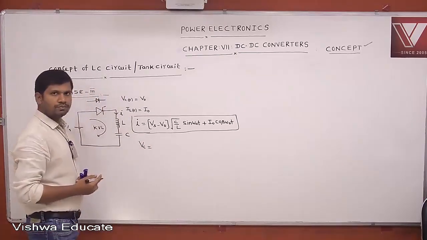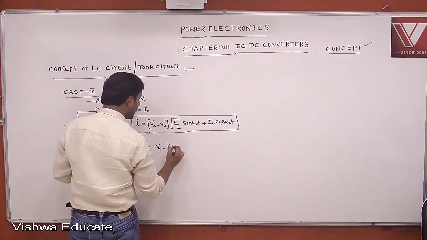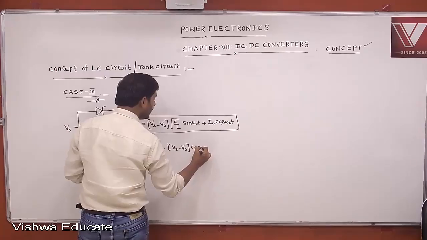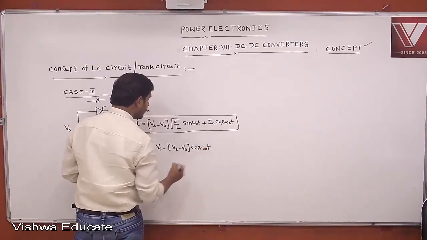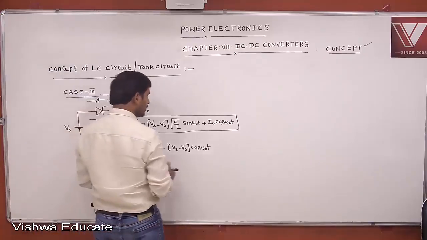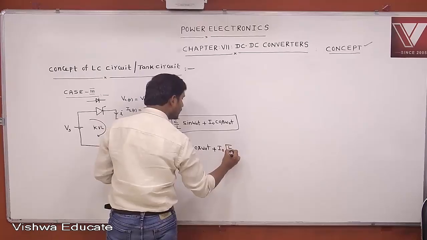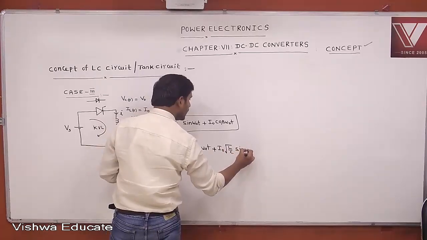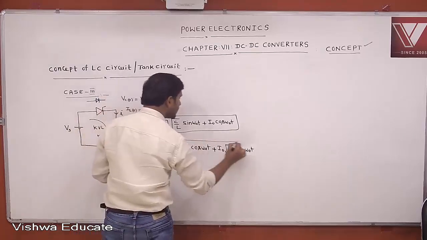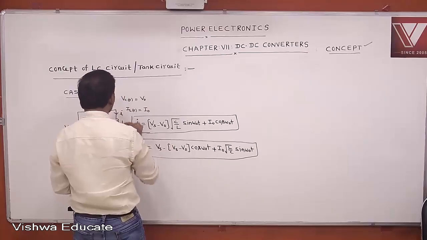Vc equal to Vs minus V0 into cos omega naught t plus I0 into square root of L by C into sin omega naught t. This is the expression for the voltage across the capacitor.